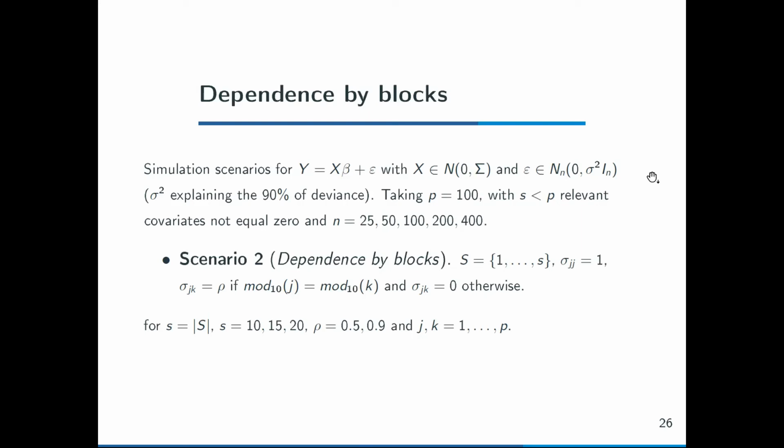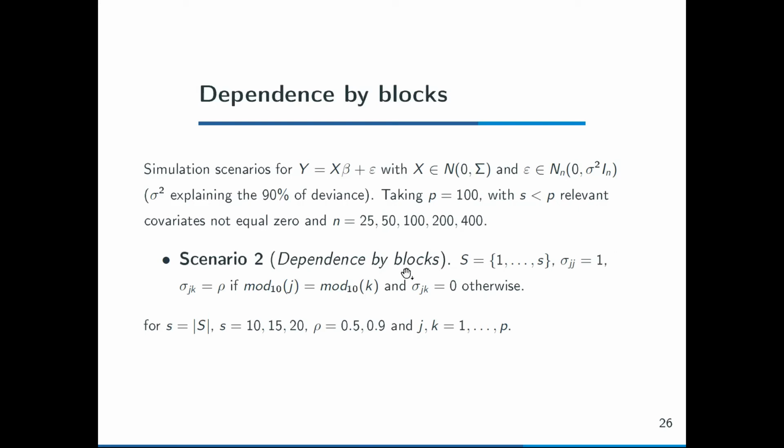Okay, so next we are going to test the behavior of the different algorithms under dependence structure. We start with a dependence by block type of correlation matrix. Here, we assume that the covariates are correlated in terms of modulo 10.